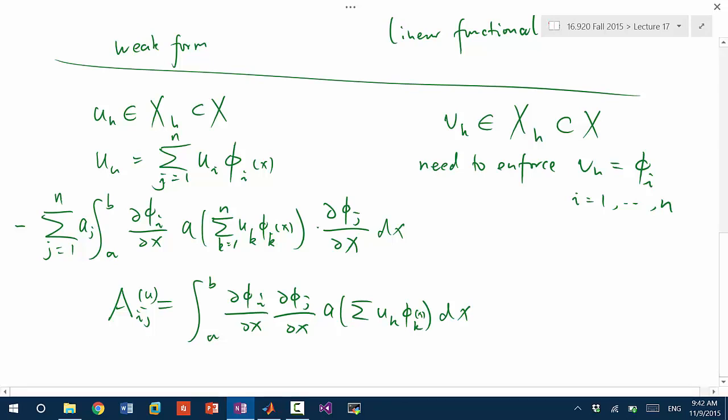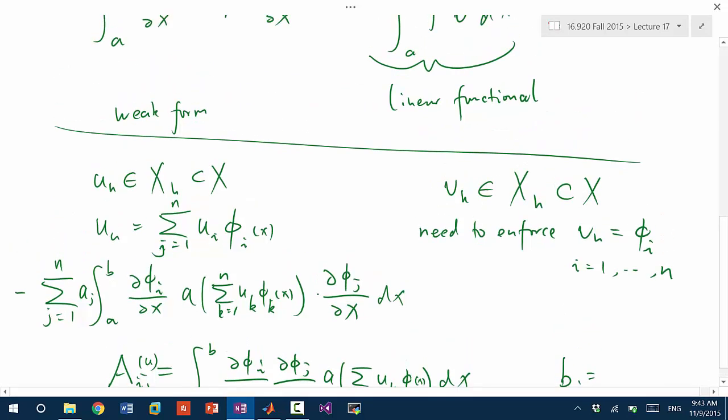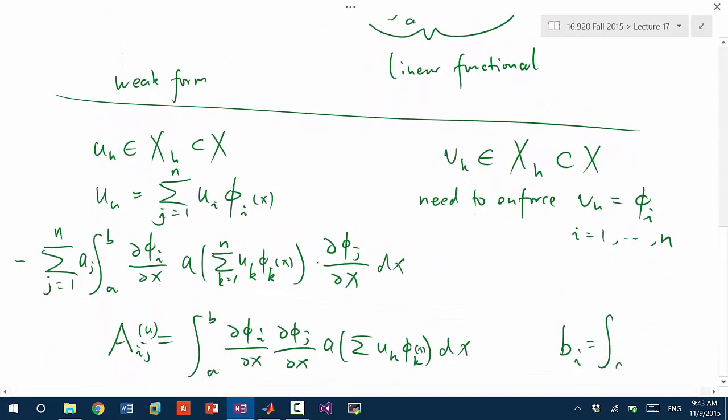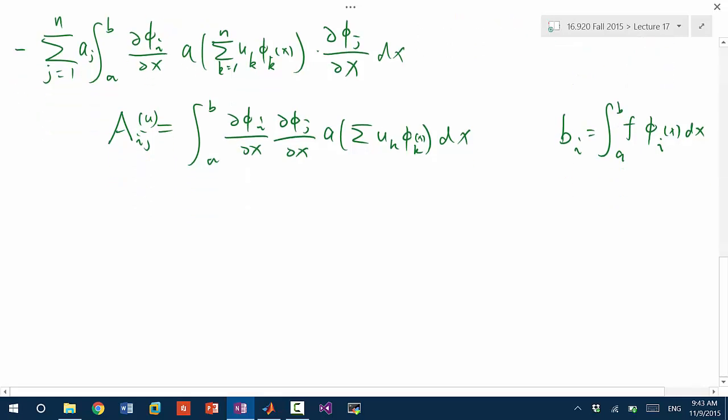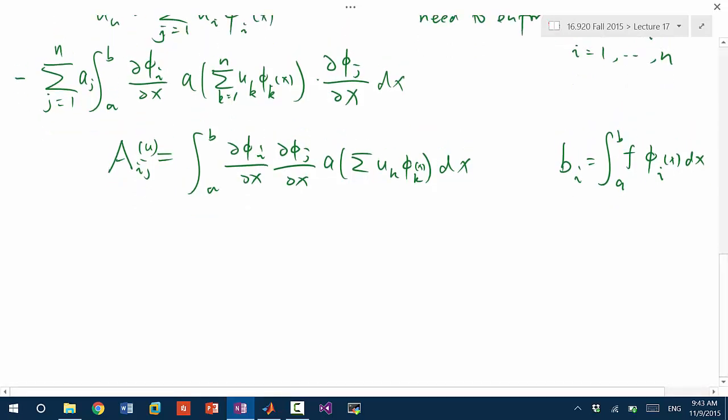Of course, we can still derive the linear functional b_i, right? b_i is still equal to the same thing, is still equal to the integration of f times phi_i of x dx. So basically, we have the problem that we need to solve a linear summation of A_ij, which is now a function of the solution a, times a_j equal to b_i.